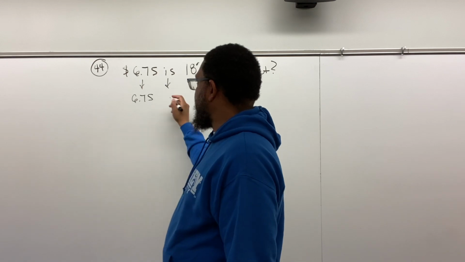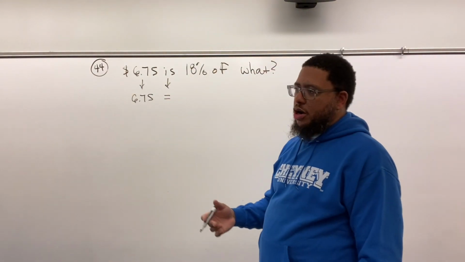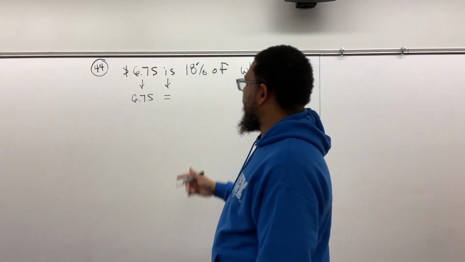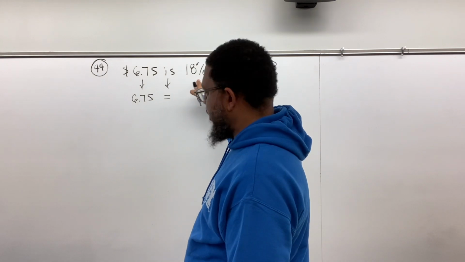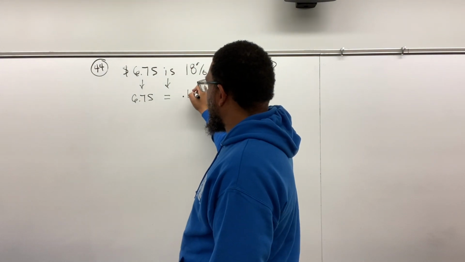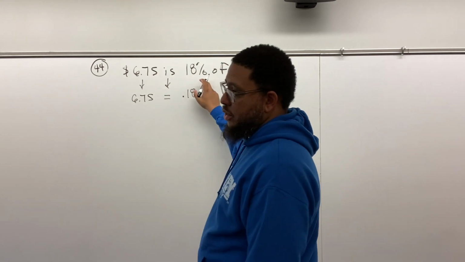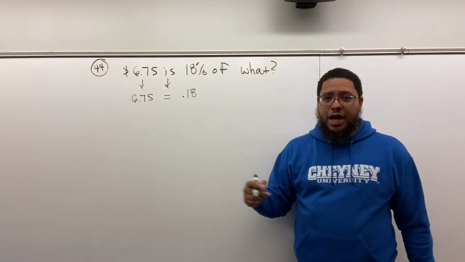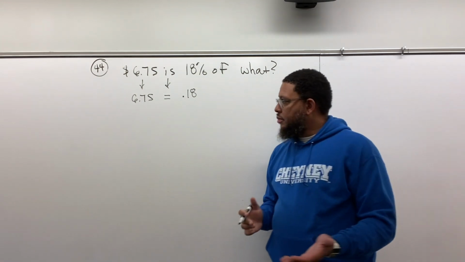Just like verbs, like are, will be, should be. 18%. 0.18. You can say 0.18, right? If we wanted to be technical, we would bring the 18 down, and then the percentage would represent something multiplied by 0.01, which gives you 0.18 anyway, right?